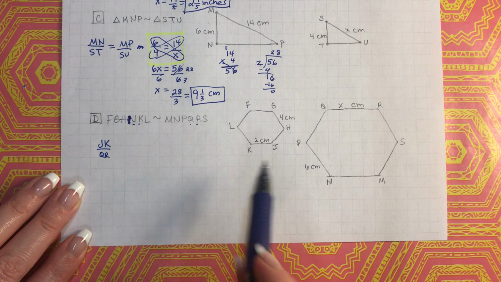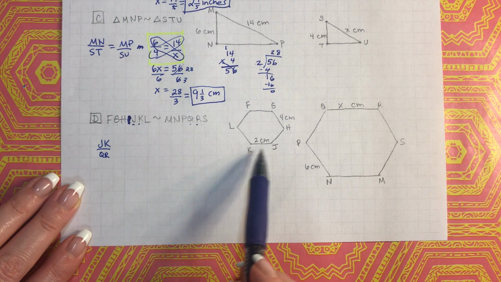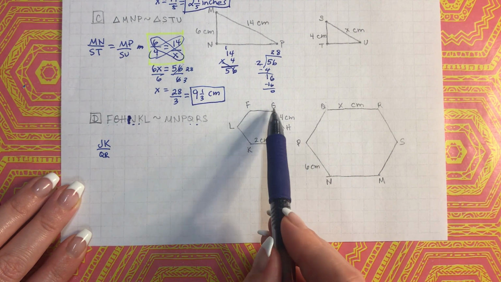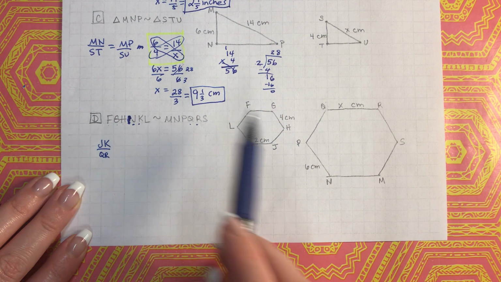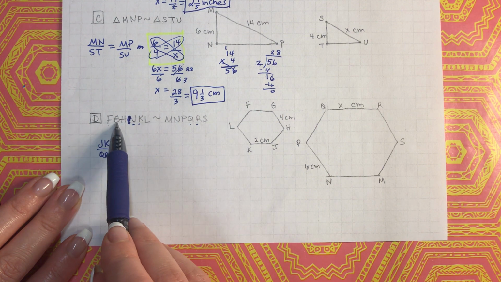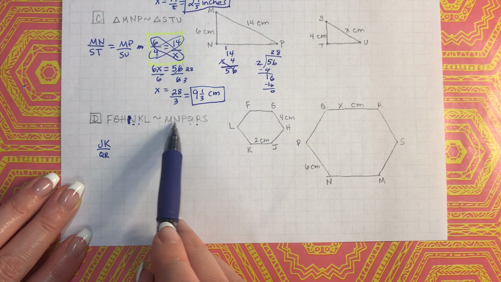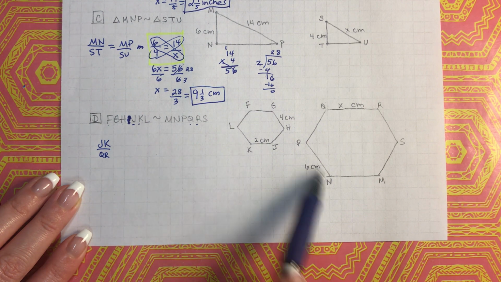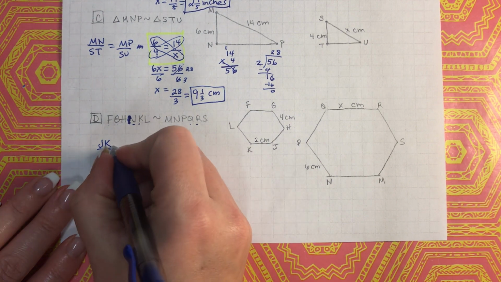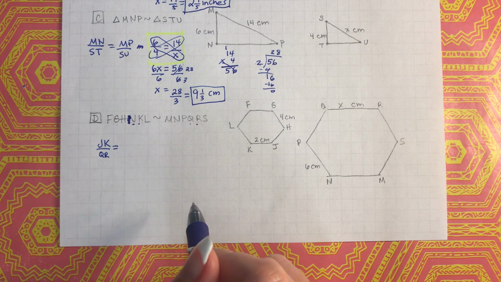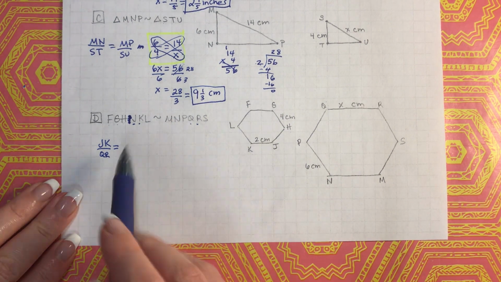And then what's the other one? We have GH. That's the second and third. So that would be NP. Do we have NP? We do. So we can write a proportion because we have 2 sets of corresponding sides.